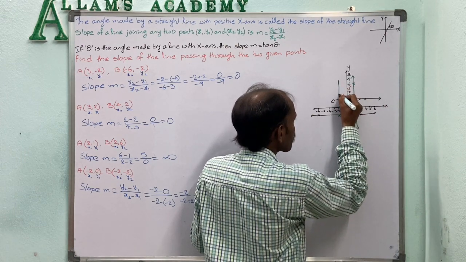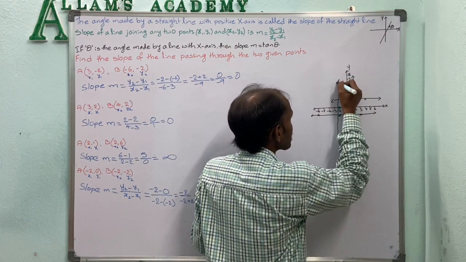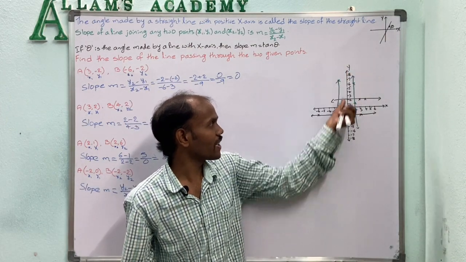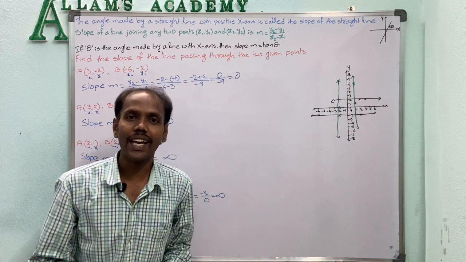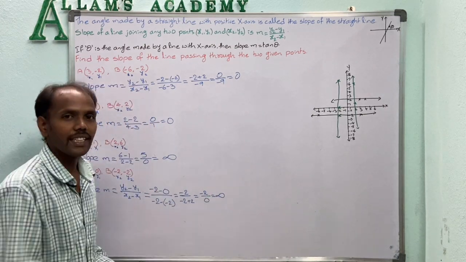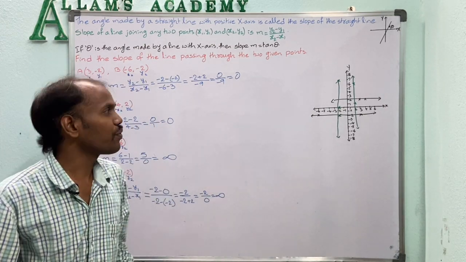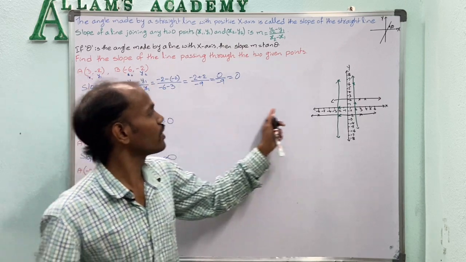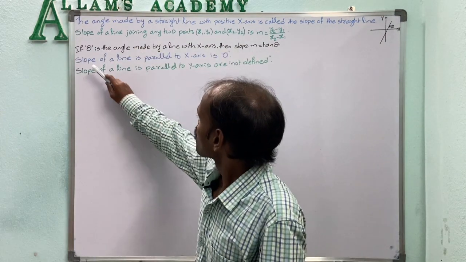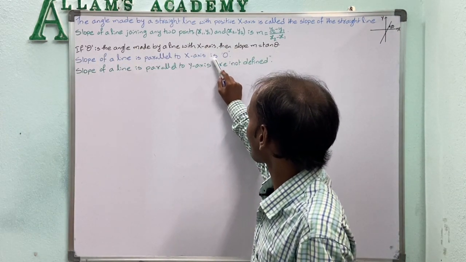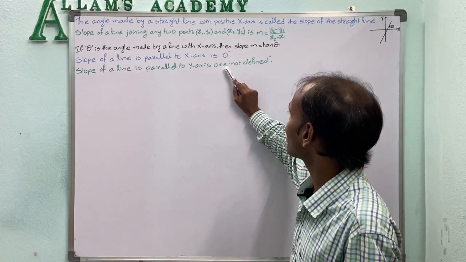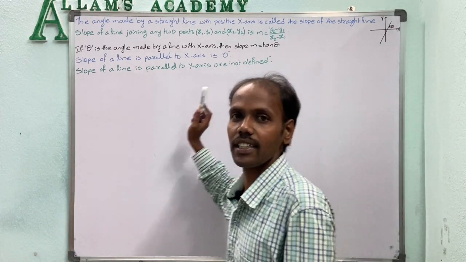Now joining these 2 points, we get a straight line. Now observing these 2 straight lines, they are parallel to the y axis. So if a line is parallel to the y axis, then its slope is undefined, that is infinite. If the lines are parallel to the x axis, then its slope is 0. The slope of a line parallel to the x axis is 0. The slope of a line parallel to the y axis is undefined, that is not defined.